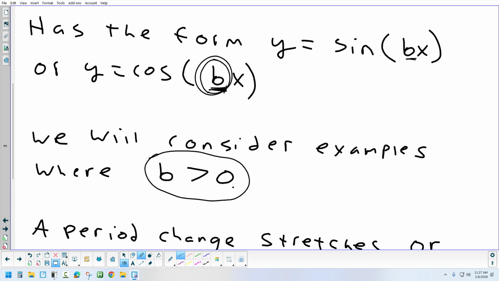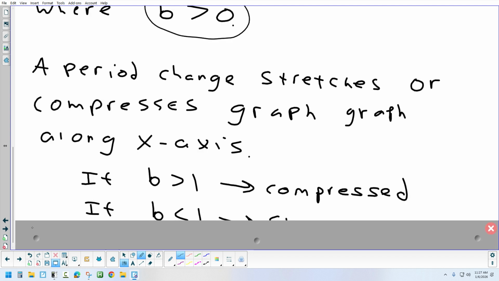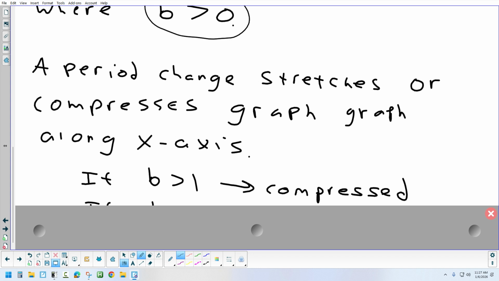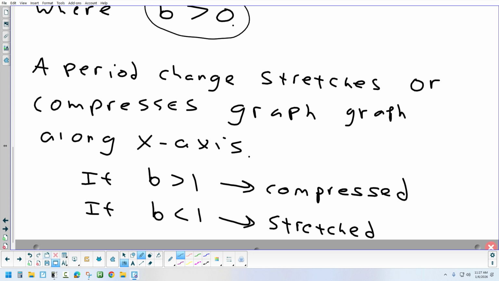Smaller, or closer together? Right, the more compressed it gets. Remember, this is backwards because it's horizontal. The bigger you make b, the more compressed it's going to get. The smaller you make b, like 1/3, 1/2, 0.2, numbers that are less than 1, that will cause it to stretch.